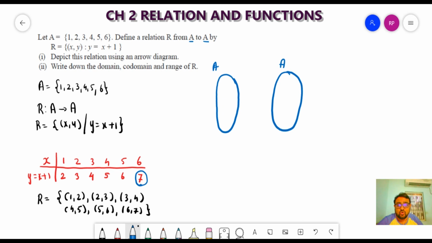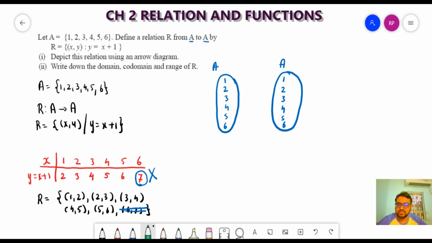I am not having the value 7 in my codomain, so I cannot take this value. Clear? Okay. So write down 1, 2, 3, 4, 5, 6 and 1, 2, 3, 4, 5 and 6.